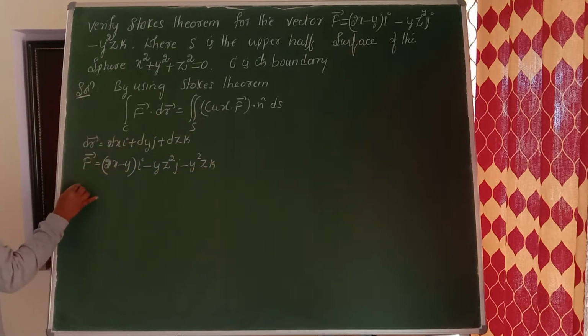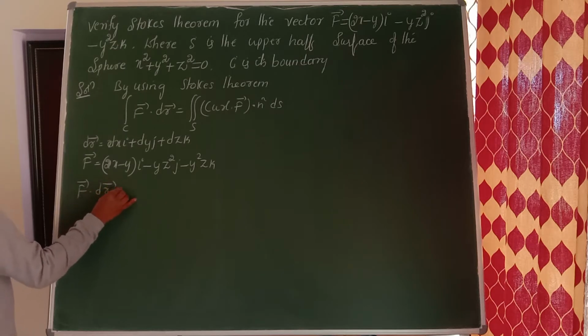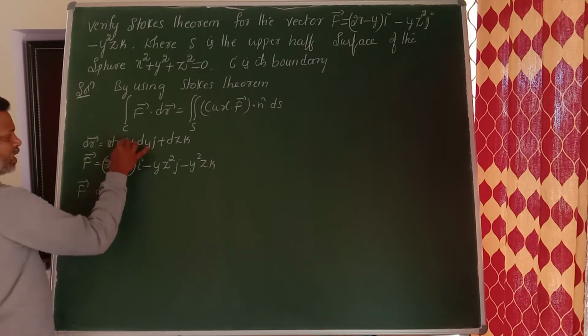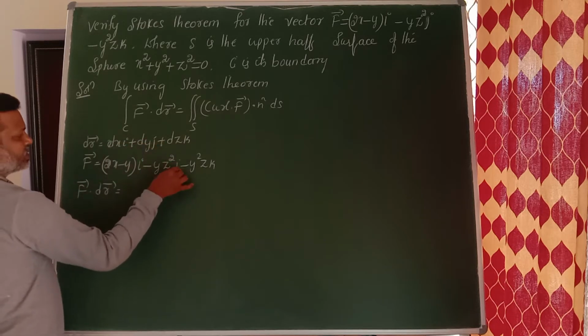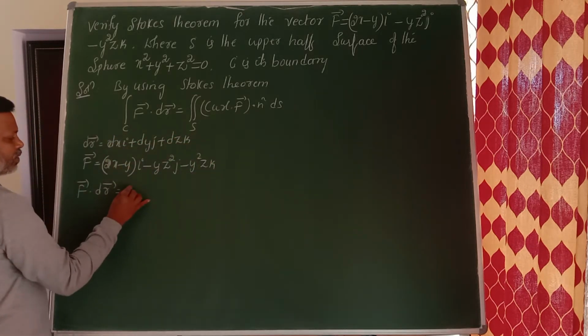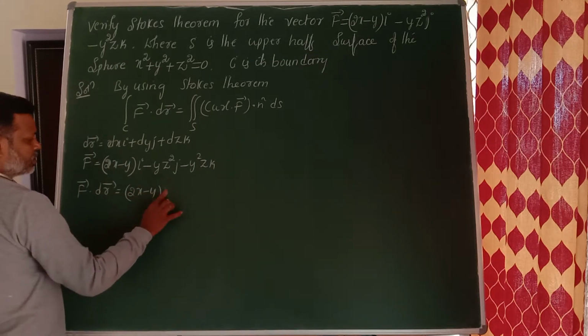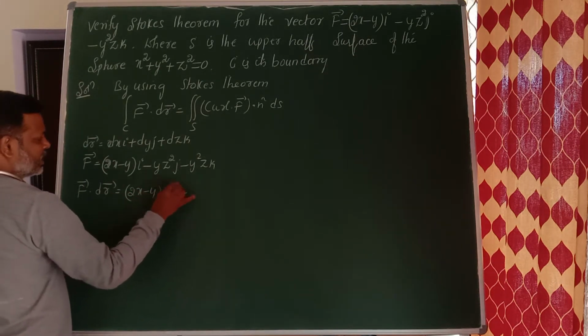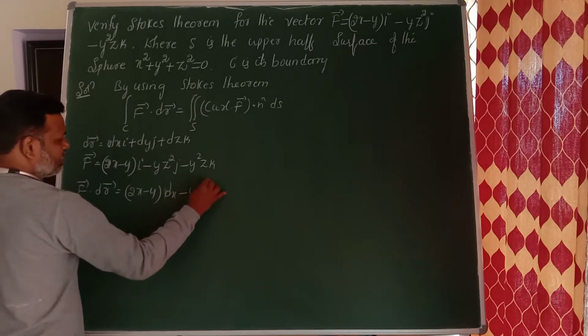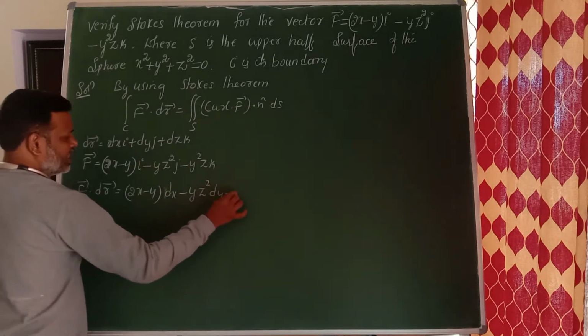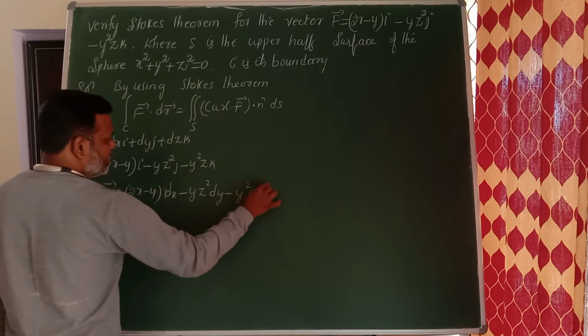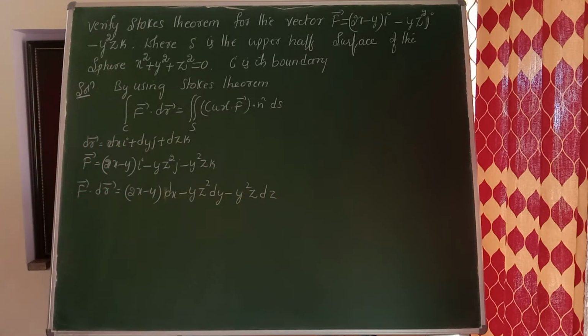Make the dot product of this. Dot product is commutative, so i dot i is 1, j dot j is 1, k dot k is 1, just component-wise multiplication. So f dot dr is (2x minus y) dx minus yz squared dy minus y squared z dz.